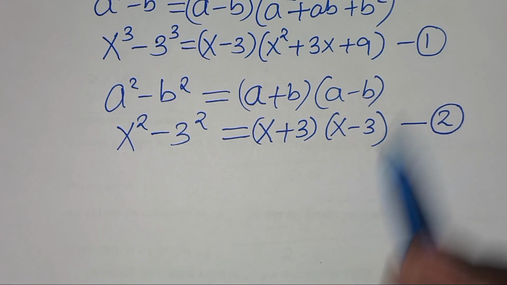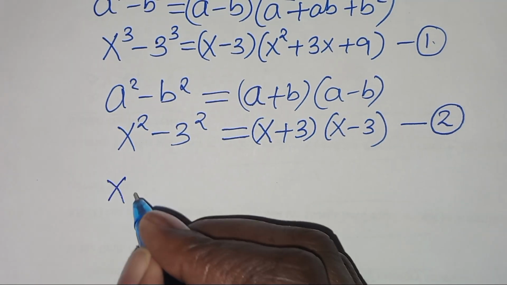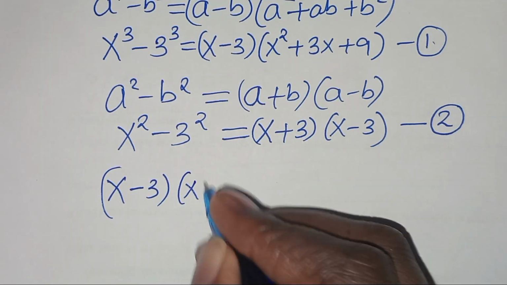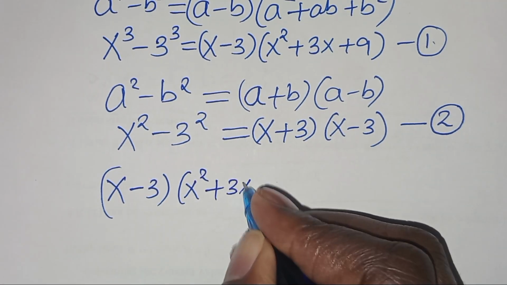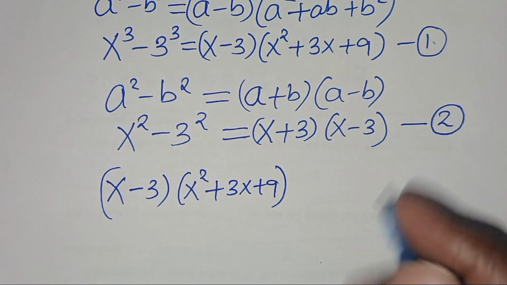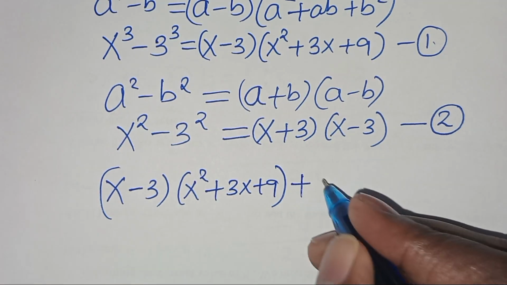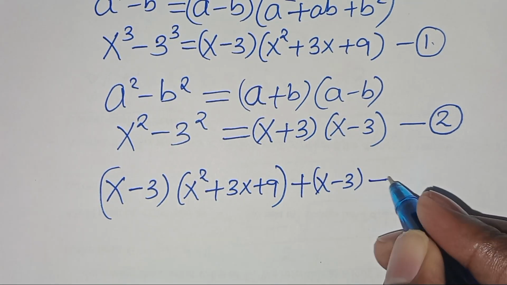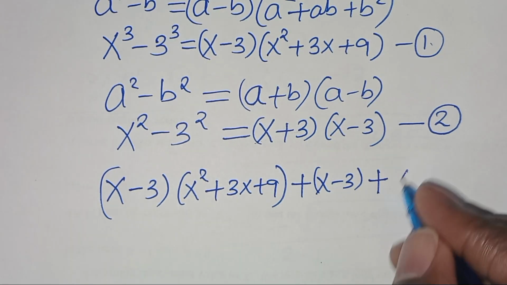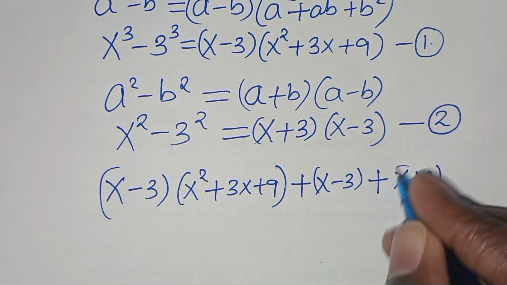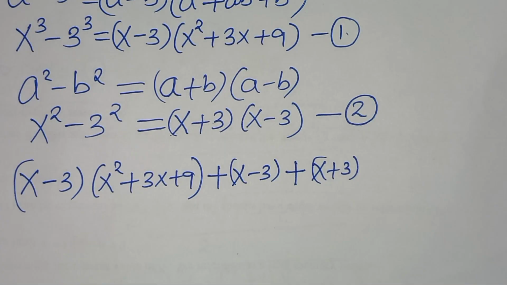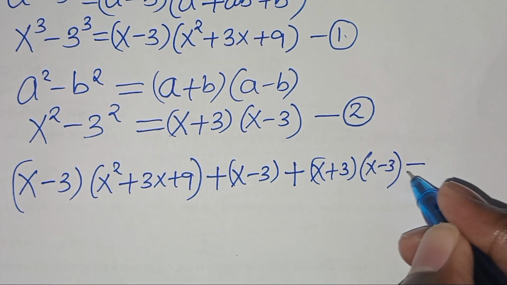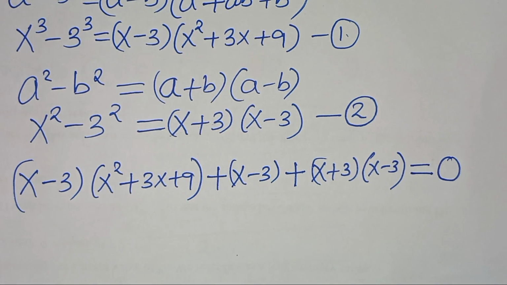So that now we'll have x minus 3, x squared plus 3x plus 9. Then plus, we have here x minus 3, then plus x plus 3. Again, here we have x minus 3. This should be equal to 0.